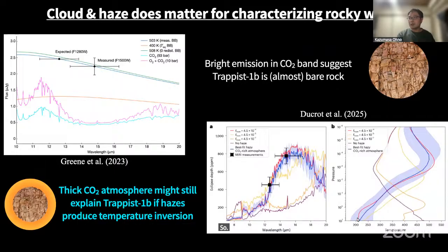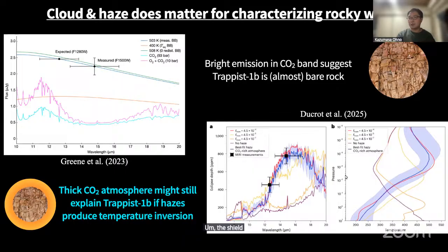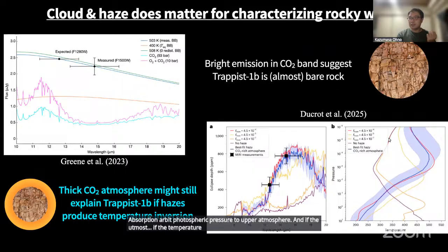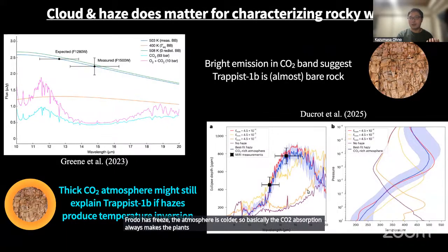If this temperature inversion is present, the CO2 features can be observed as emission rather than absorption. CO2 absorption elevates the photospheric pressure to the upper atmosphere, and if the atmosphere is cloud or haze free, the upper atmosphere is colder. So basically, the CO2 absorption always makes the planet more faint.